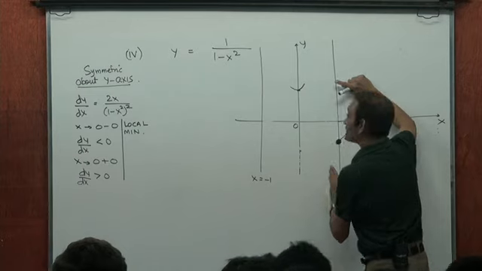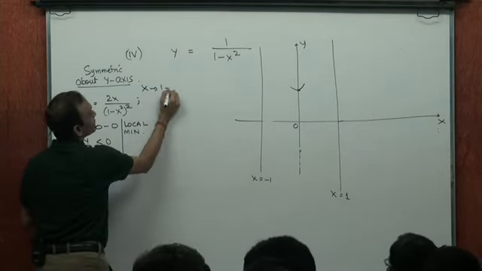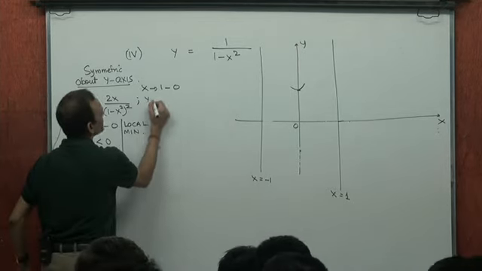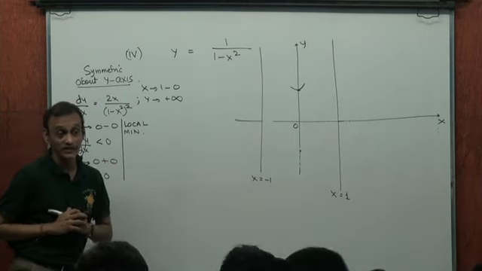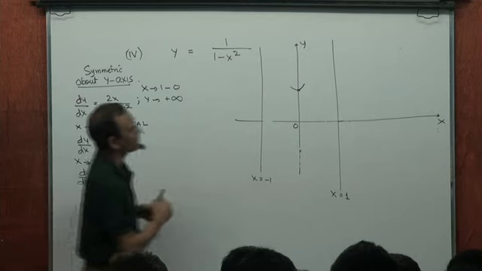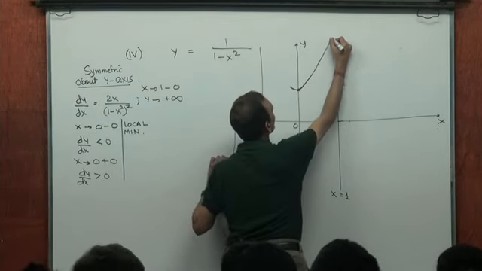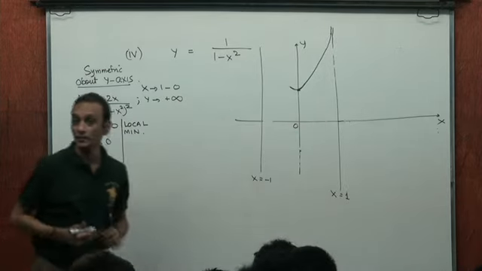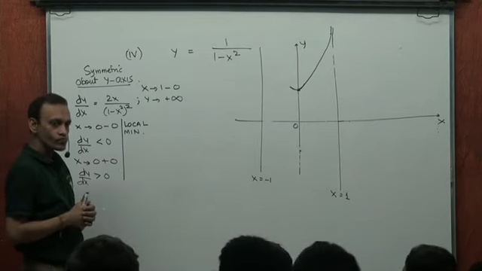Now, as x tends to 1 from the less than 1 side, do you realize that y tends to plus infinity? Without any more turning points, because x equal to 0, a local minima, was the only turning point.